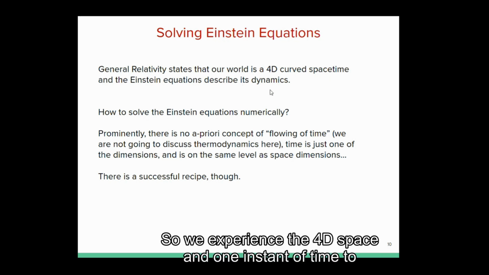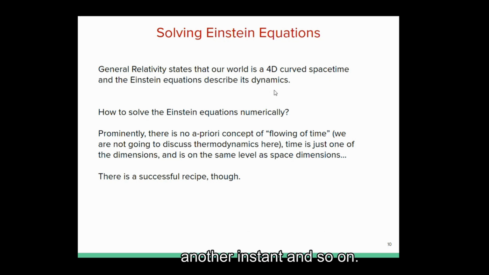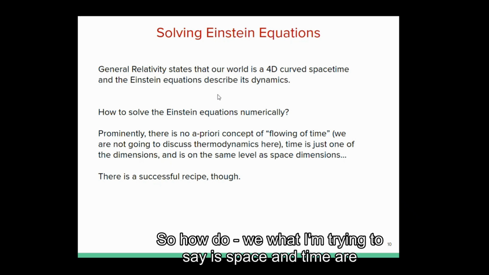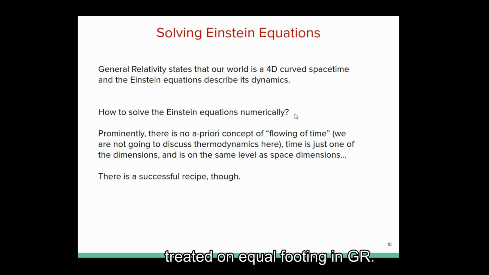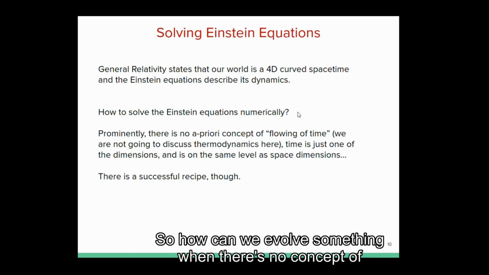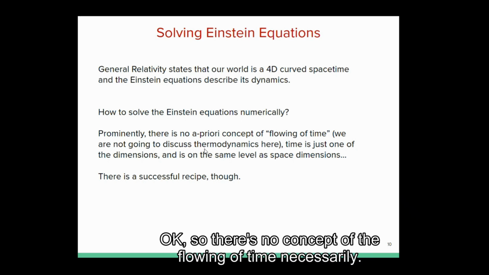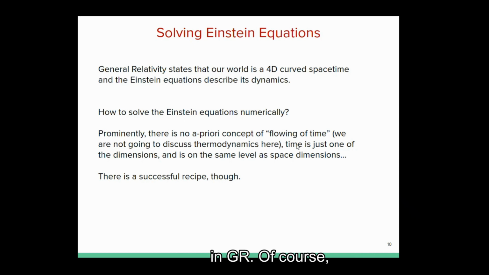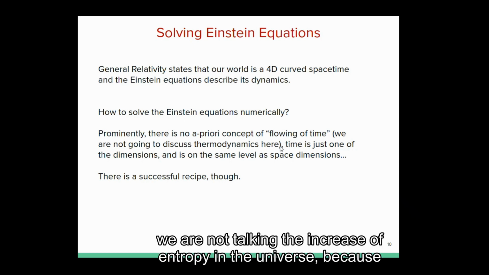So we experience the 4D space-time, one instant of time after the next, and so on. What I'm trying to say is space and time are treated on equal footing in GR. So how can we evolve something when there's no concept of evolution as such? Right? So there's no concept of the flowing of time necessarily in GR.